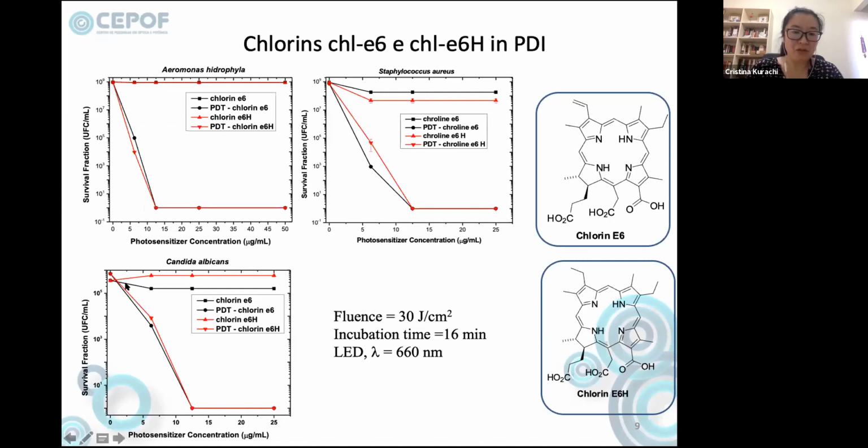Usually fungi are more resistant, or in fact less sensitive, to PDT. So we usually have to use more concentration or more light dose, but again, we can really have very nice inactivation, in this case from 10 to the 6 log units.